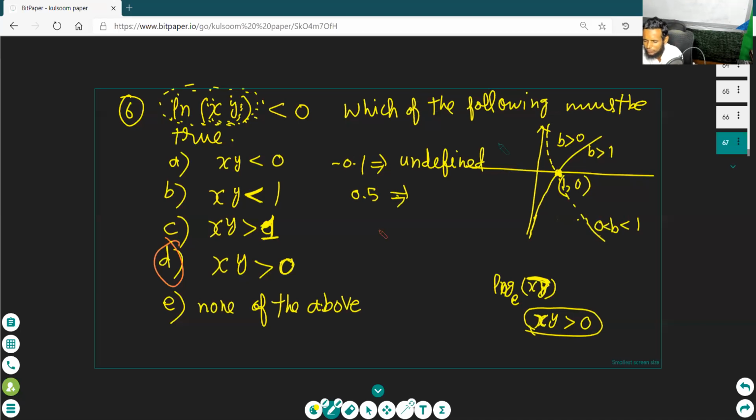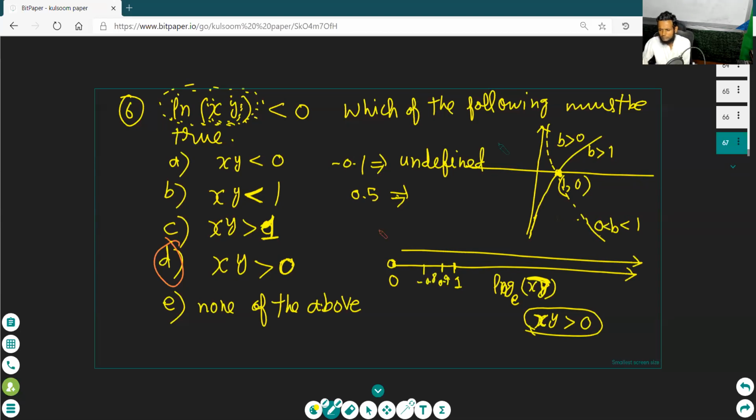Our domain starts from 0, and 0 is not added. Put the values less than 1. Less than 1 means put 0.1, 0.9, 0.8.